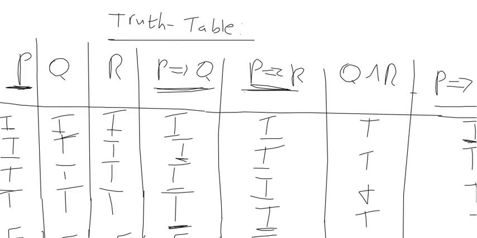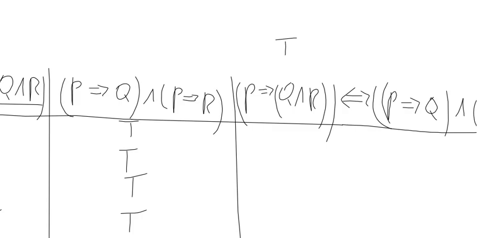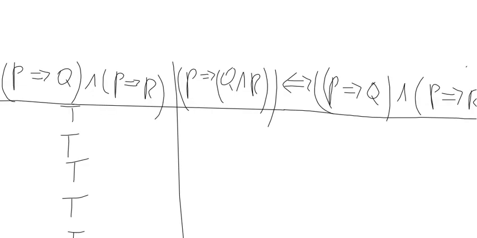P implies Q and R, what was that? This was a true statement, the first part. You can easily get lost in this because it's very long. So over here, this is going to be true.